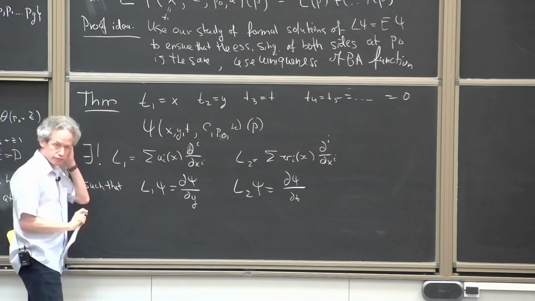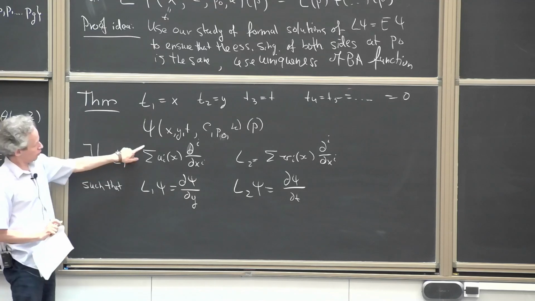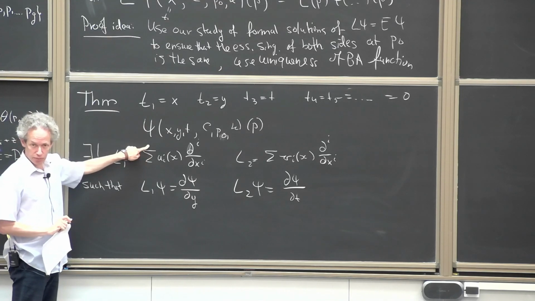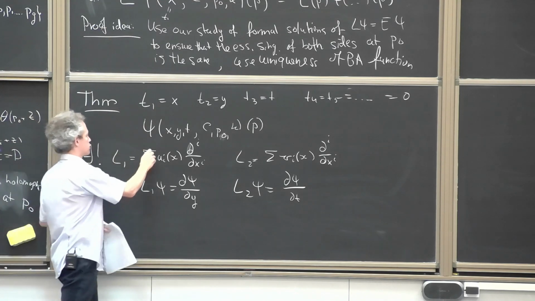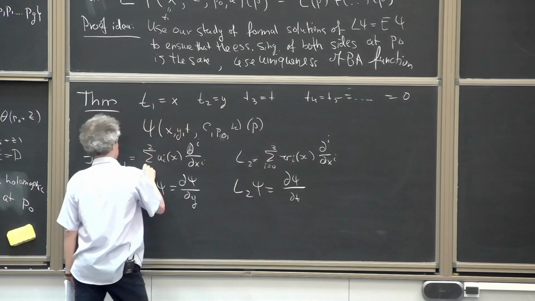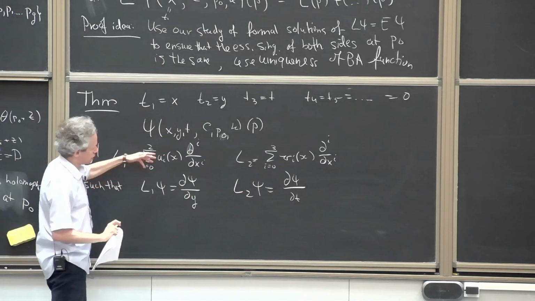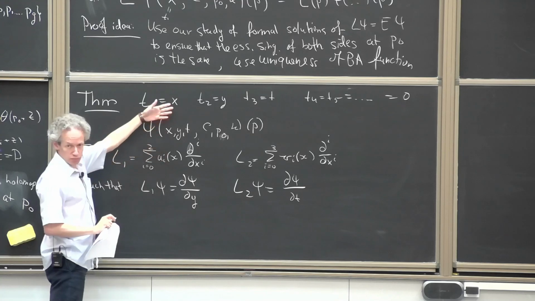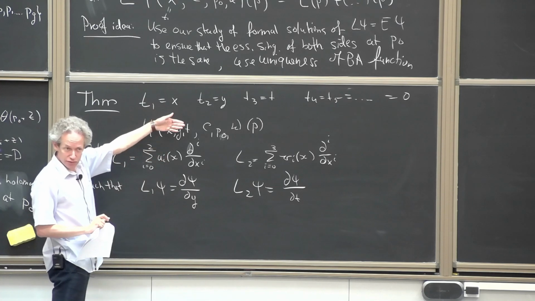Okay? I have been sloppy in writing what order these differential operators will be. They will be of orders 2 and 3. And this is a shadow of a more general result that I will also freely use.